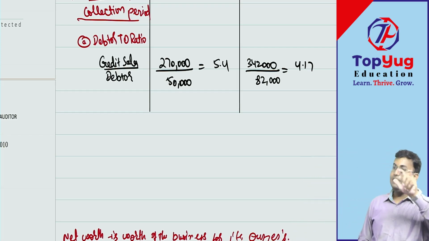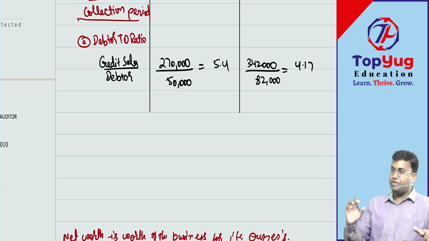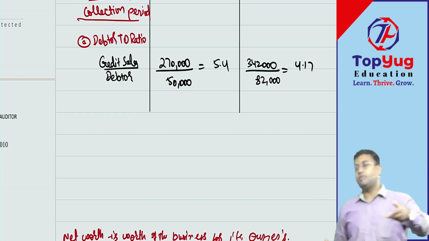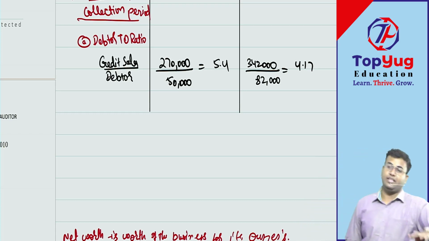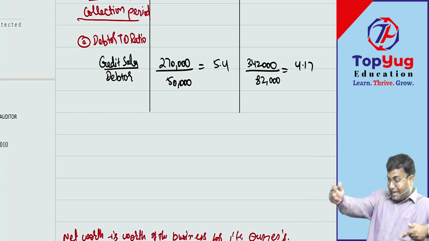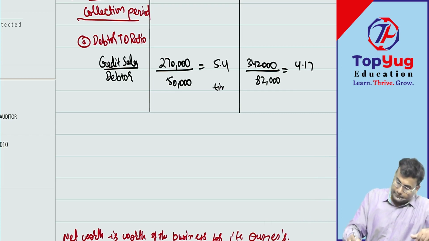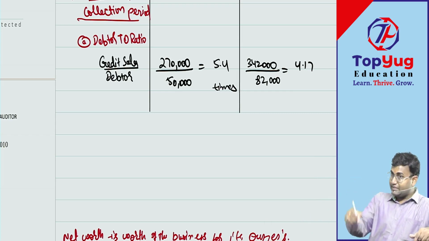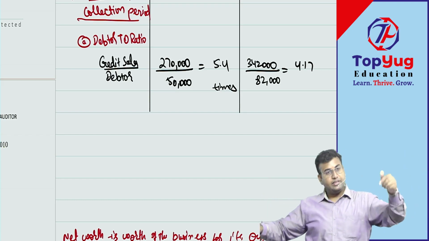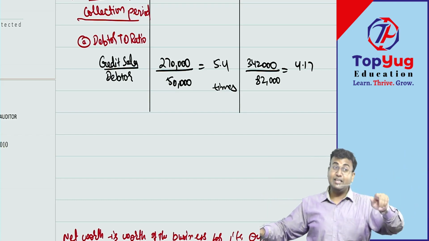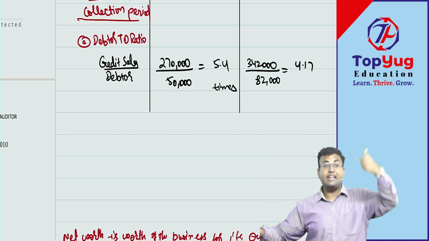This is the cycle count. Duration I cannot say, because duration has to be calculated on a month, hour or day basis. But this is the number of times the cycle occurs. So that's why it is times. Now understand, this is a ratio, it is in times. Is it duration? No. But in a cycle, how many times has the cycle rotated?